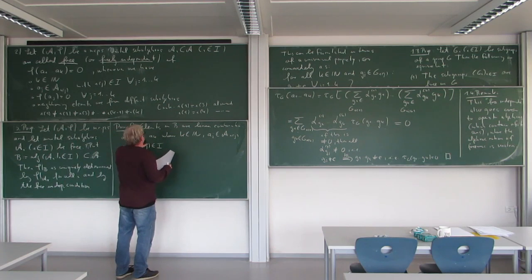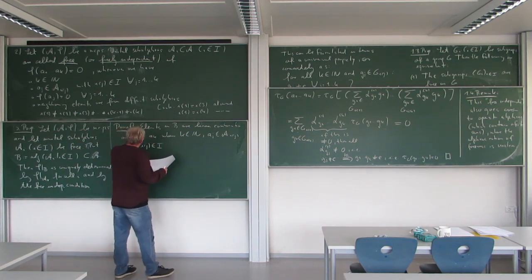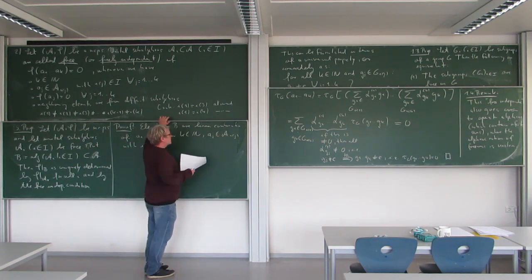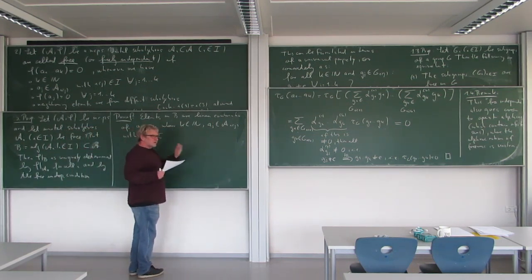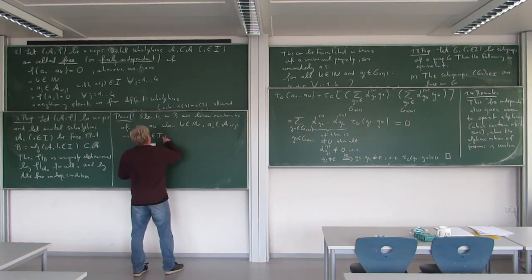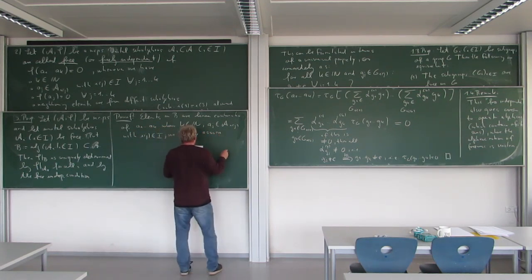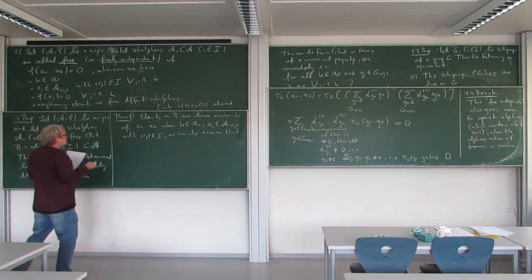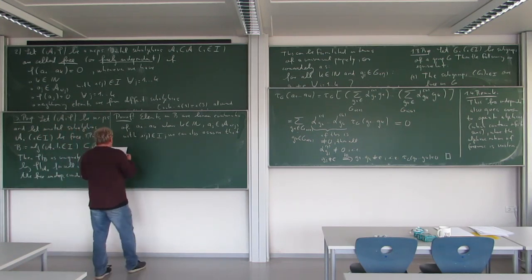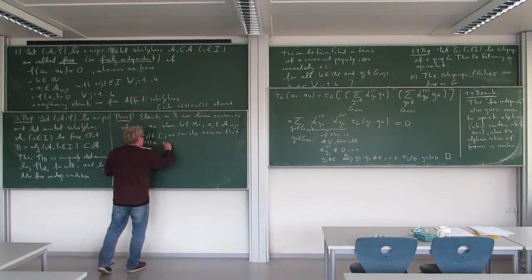So elements in B are linear combinations of such products, and in these products, the terms are coming from the individual subalgebras, and I can also assume that neighboring elements are coming from different subalgebras, so it's our usual condition that i1 is different from i2 and so on, different from ik.